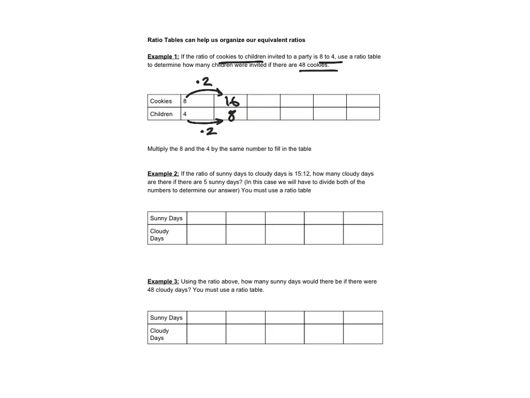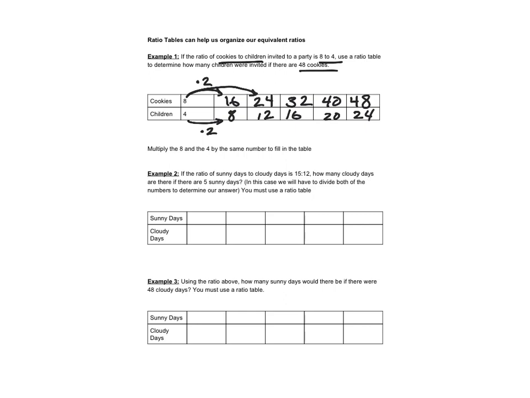I went 8 to 16, and then if I kept with the skip counting, I would do 8, 16, 24, 32, 40, 48. For the 4, if I skip counted 4, 8, 12, 16, 20, 24. So we can see that from the 8 and the 4 to the 16 and 8, I'm multiplying times 2.